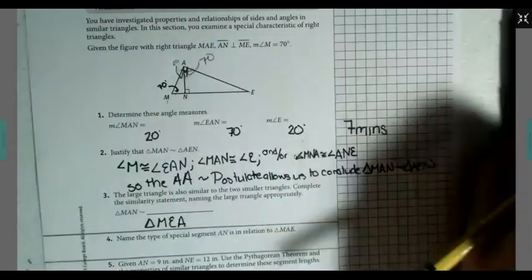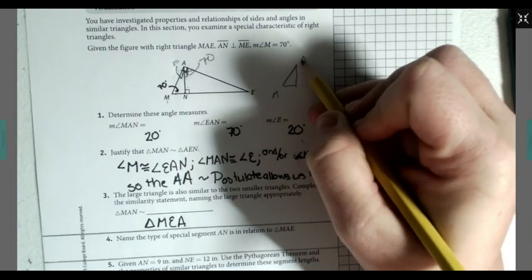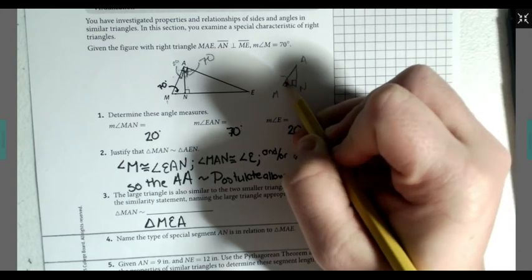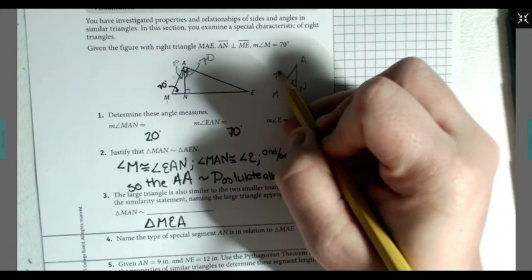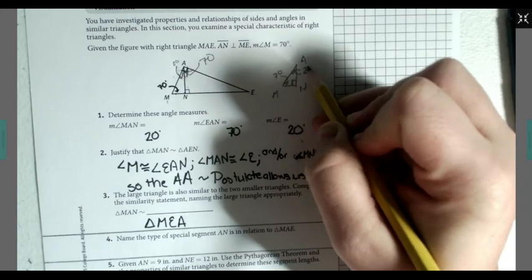If you have to, I might suggest you divide it into 3 separate triangles. Here is MAN. We knew that this was a right angle, and we were given that this was 70. Well, by default, that makes this 20.